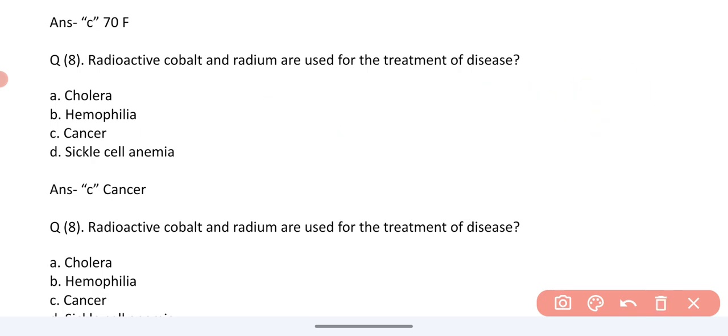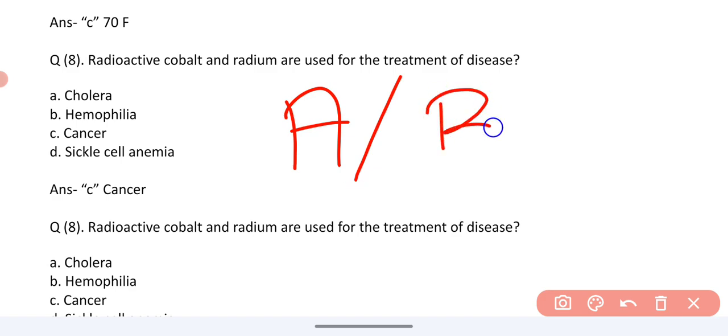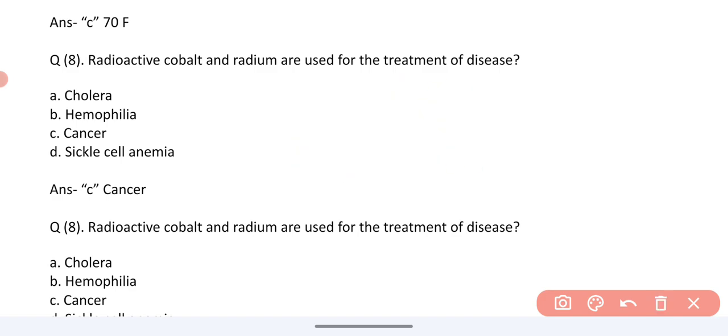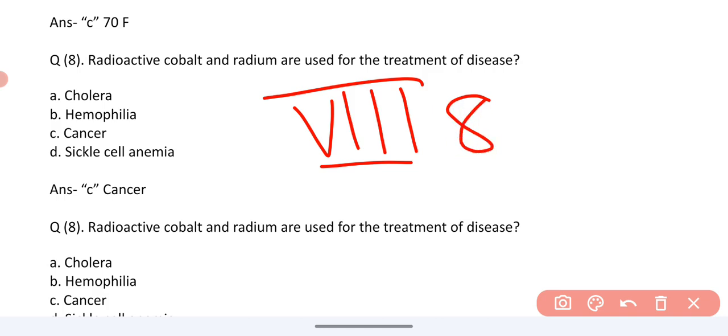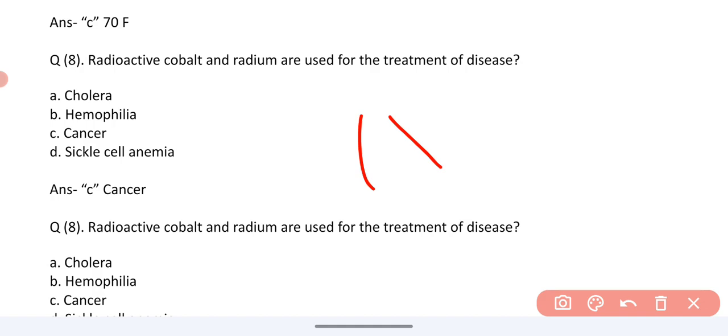There are two types of hemophilia, hemophilia A and hemophilia B. Hemophilia A means clotting factor 8, the anti-hemophilic factor, is missing, and hemophilia B means factor 9, the Christmas factor, is missing. These are all the golden points related to hemophilia.